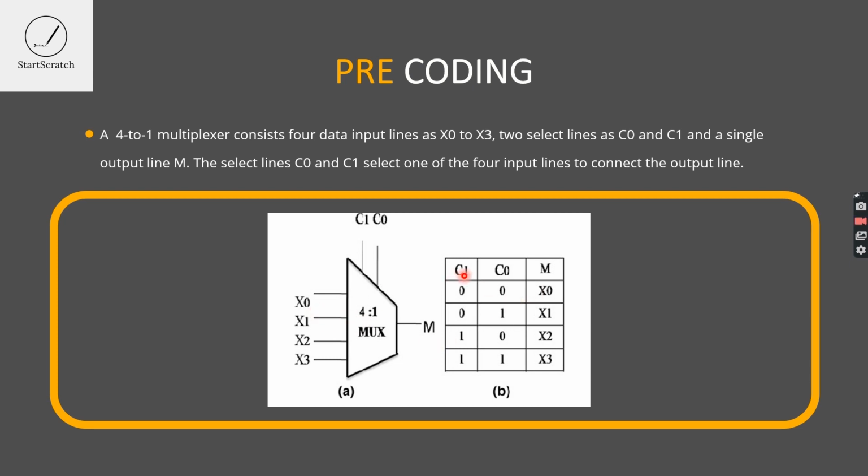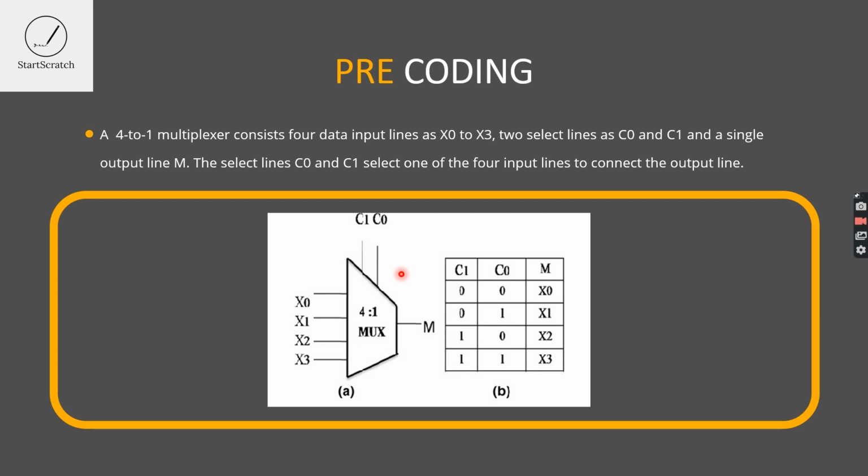Like say if C1 C0 is 0 0, in my case I will be driving X0 as my output. As C1 C0 is 0 1, I will be driving X1 as my output, and 1 0 means it is 2 and 1 1 means it is 3. And this is the functionality of the 4:1 multiplexer.